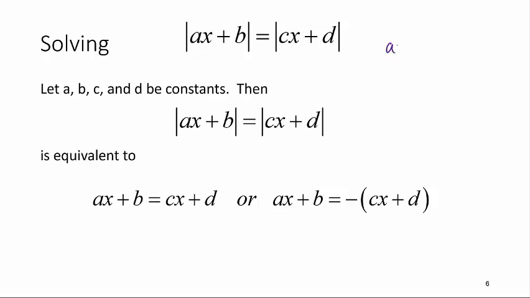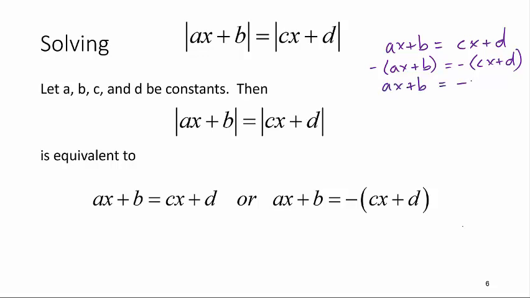So we know that ax plus b could be equal to cx plus d, right? If they're both positive, or maybe they're both negative for all we know, right? Could have negative quantity ax plus b equal to negative quantity cx plus d, okay? Or maybe the first one is positive and the second one is negative.